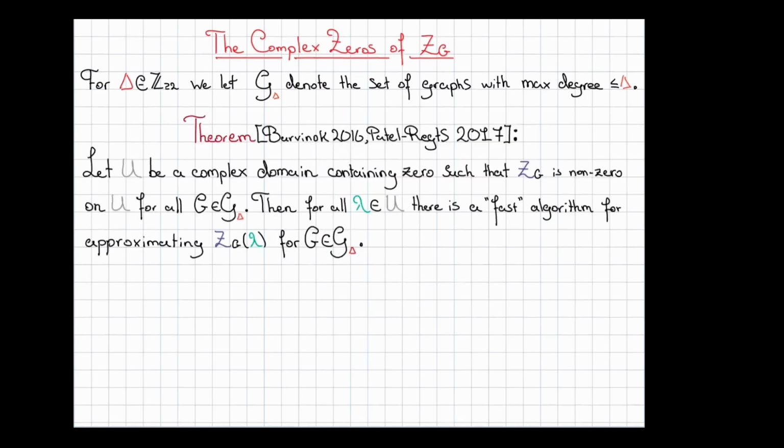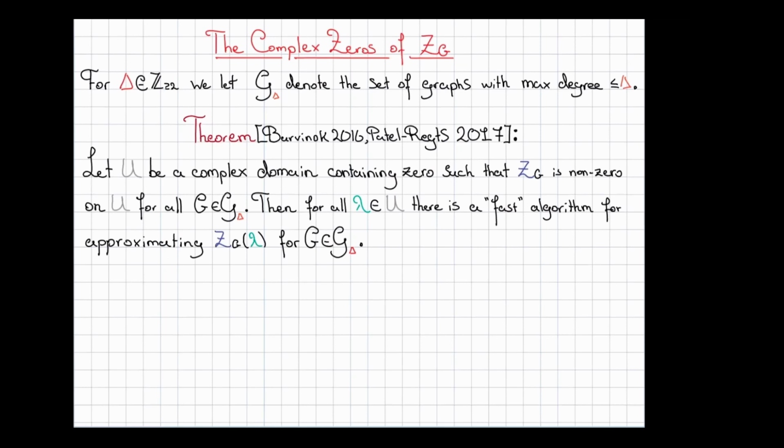And it turns out that if you have some complex domain in the complex plane, that has to contain the origin as a technicality, but if you can prove that it's zero-free for all bounded degree graphs, then there is a fast algorithm for approximating the partition function within that domain.